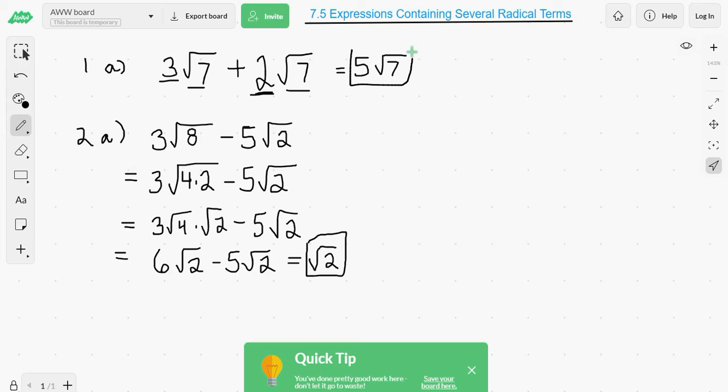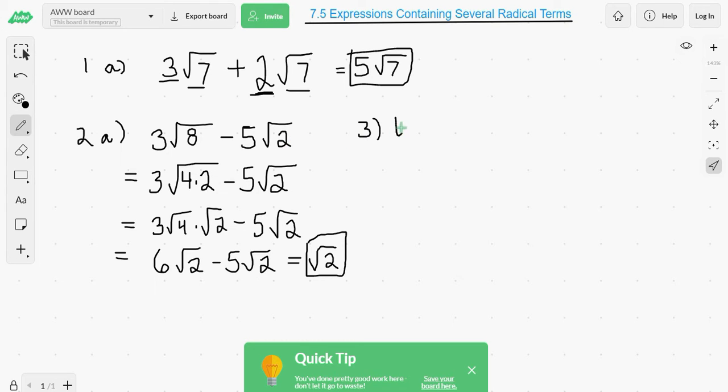So there's a couple of different examples. We've covered one where they're like radicals, one where they're not like radicals, and one that we can simplify. But let's take a look at another example, similar to what we just looked at, except with one extra complication entering the equation.